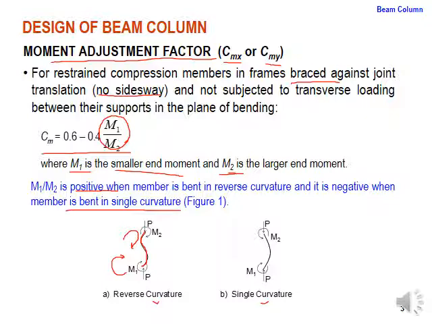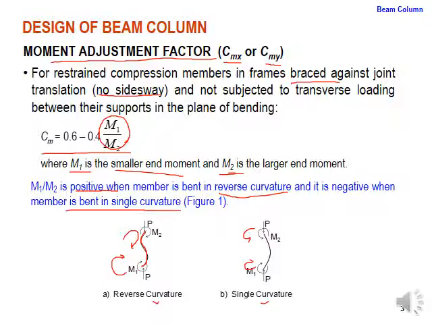So it gives you a reverse curvature, and reverse curvature gives you a positive M1 over M2. And if you have single curvature, what does it mean? The opposite direction of the moments at the top end and bottom end. Let's suppose at the top it is counterclockwise and at the bottom it is clockwise. If the moments at the top and bottom of the column are in opposite directions, it gives you a single curvature, and the value is taken as negative.